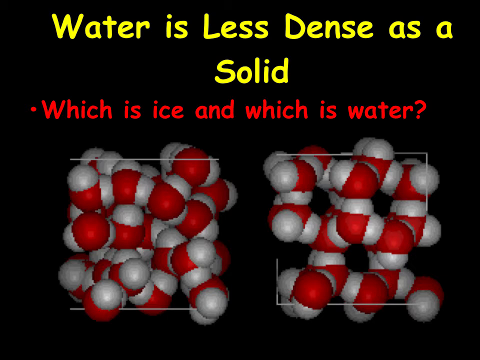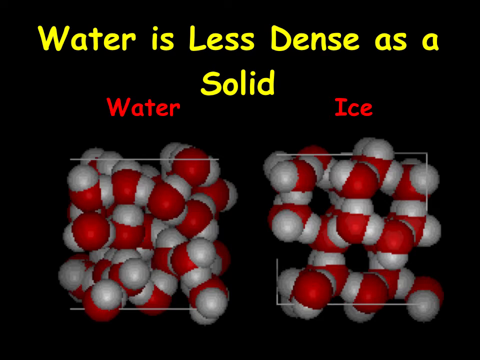So which one is ice in solid form and which one is water in liquid form? Hopefully we've recognized that in water, in liquid form, the water molecules are going to be close together, and in solid form, or when water is as ice, the molecules are going to be spread far apart and be in a fixed pattern.